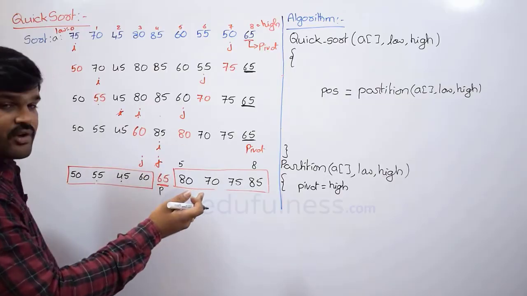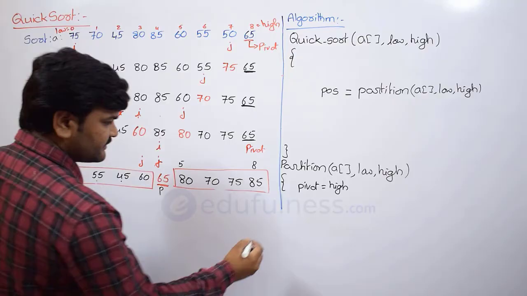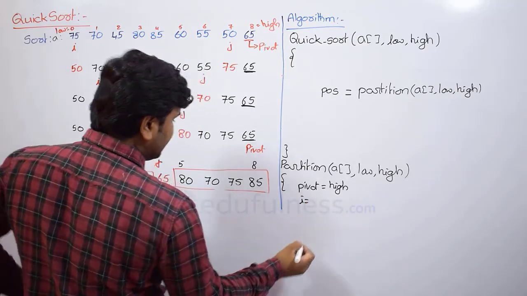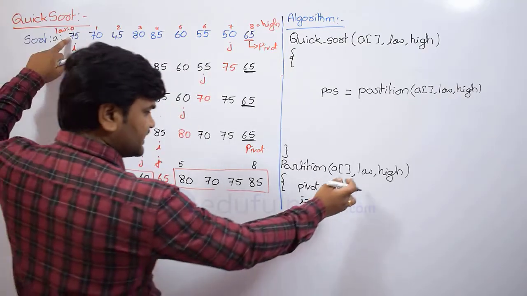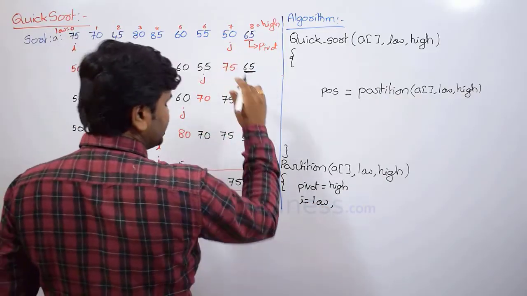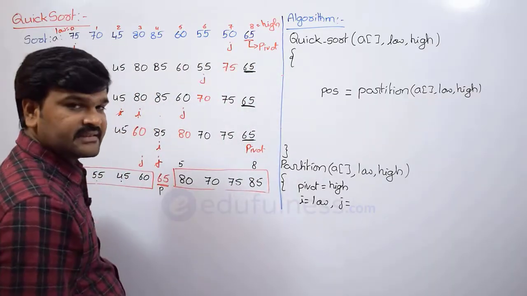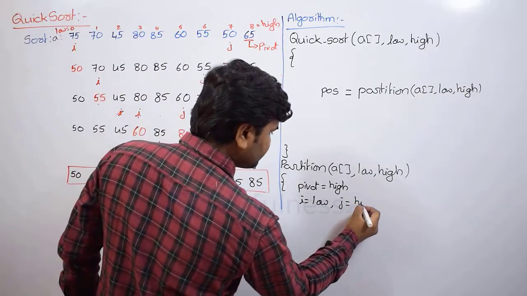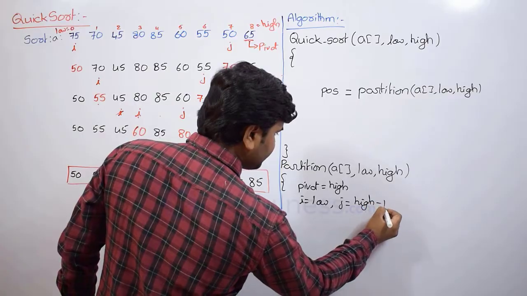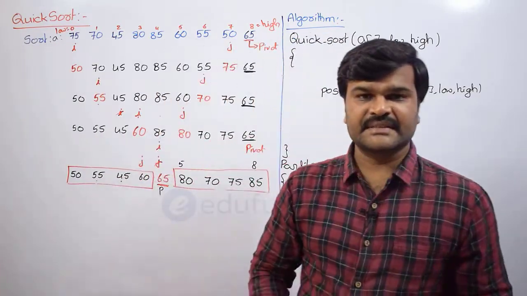Then what we have to do after this? Set i and j. What is i? i is the lowest index, that is 0, that means low. And what is j? j is the high minus 1 position. See what we did here, the same thing we are writing in the form of steps.